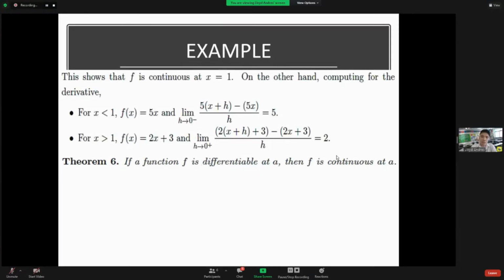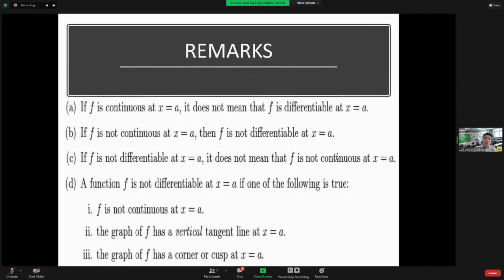Pero pag differentiable gani siya, automatic, continuous gud siya. So, mao na yung relationship karon sa differentiability ug continuity. Dili tanang continuous function differentiable. Pero tanang differentiable function continuous. Hopefully, nakuha.